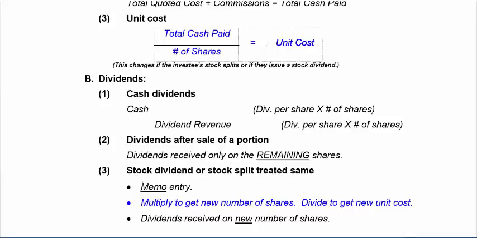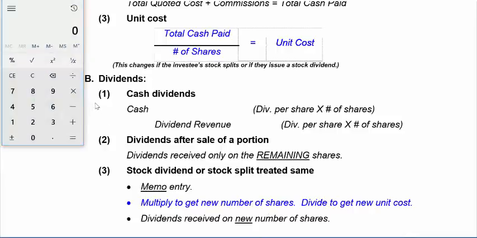So for example, if I had 1,000 shares before and I had a 10% stock dividend, then I would multiply 1,000 shares times 10% and get that I'm going to receive 100 more shares, and add that to the 1,000 shares I initially had, and get that I now have 1,100 shares.